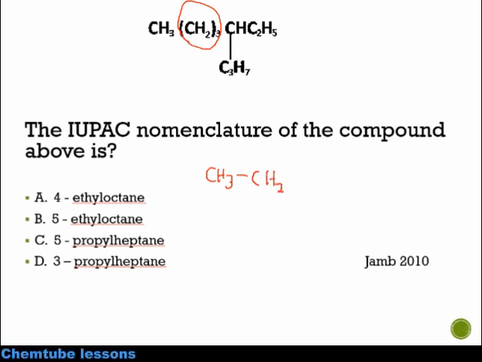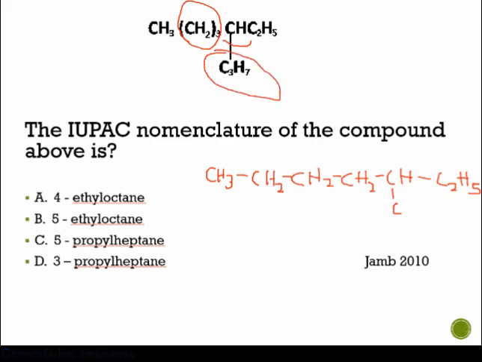You can see we have 3 in brackets, so that means we have 3 of this CH2. The next one is CH, then we have C2H5.